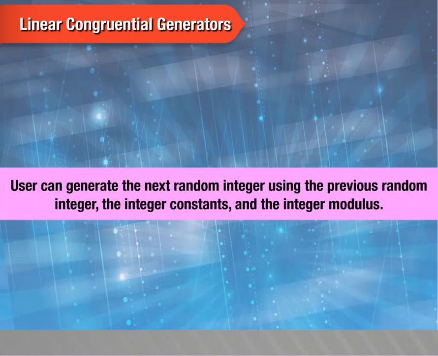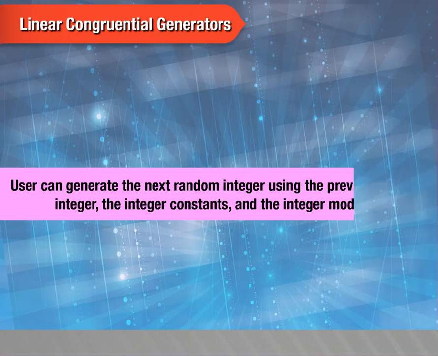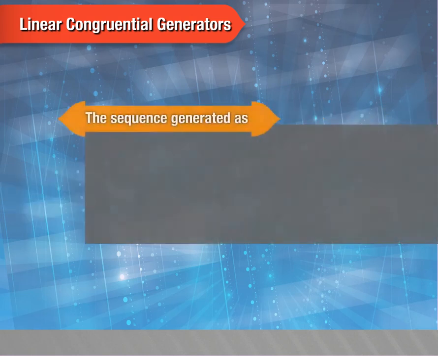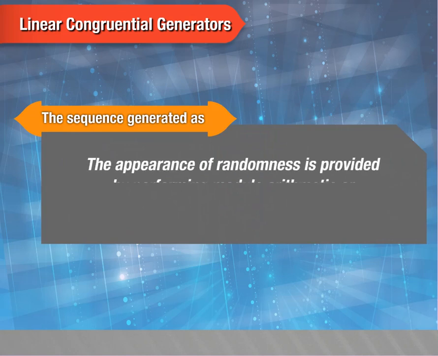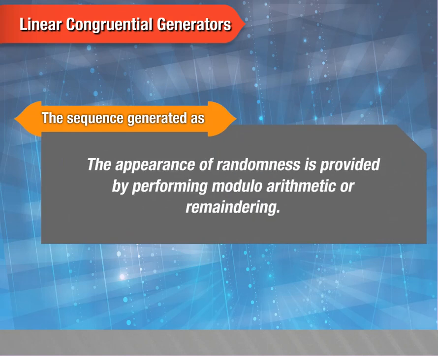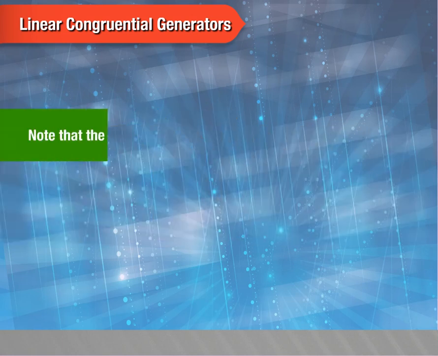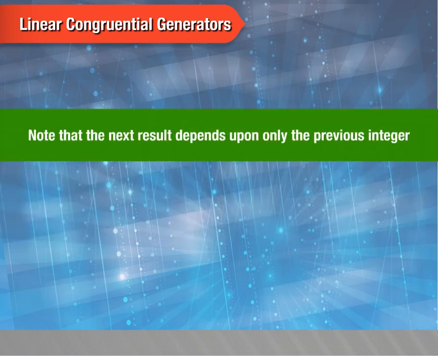User can generate the next random integer using the previous random integer, integer constants, and the integer modulus. The sequence generated has the appearance of randomness, provided by performing modulo arithmetic or remaindering. Note that the next result depends upon only the previous integer.